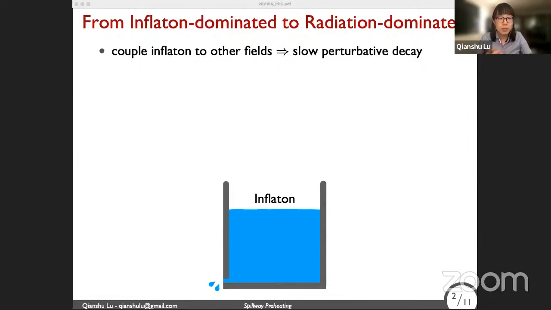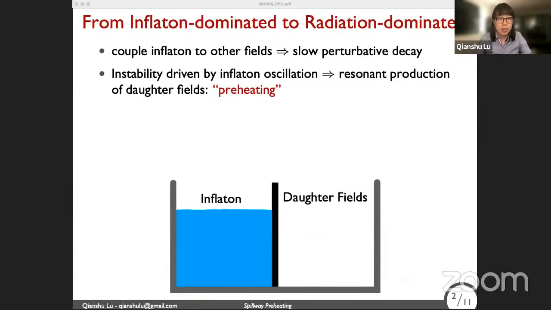But it's been known for a very long time that this very simple picture is often not the full story, because the inflaton can be oscillating around the minimum of its potential after inflation. This oscillation can drive an instability in the system, causing a resonant production of the daughter fields that's much faster than what you naively expect from the calculation of the inflaton perturbative decay width.